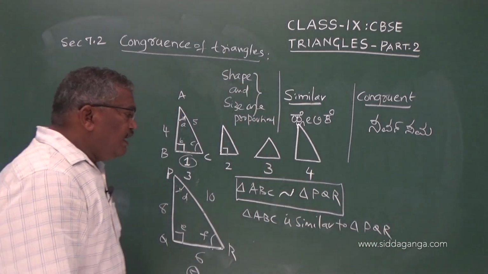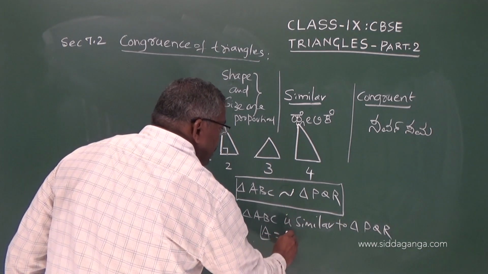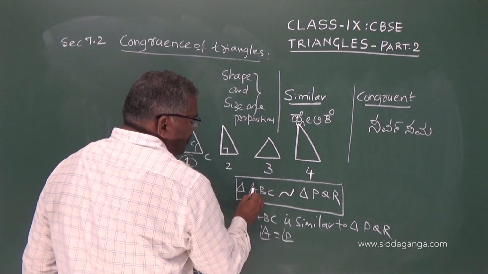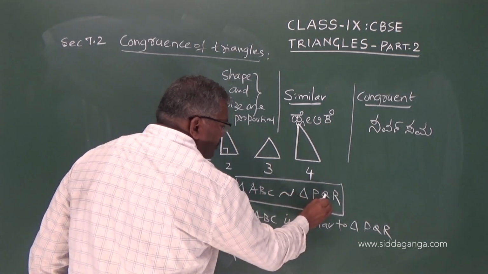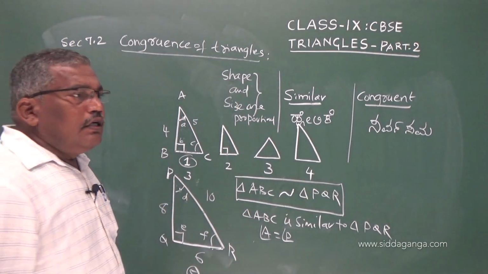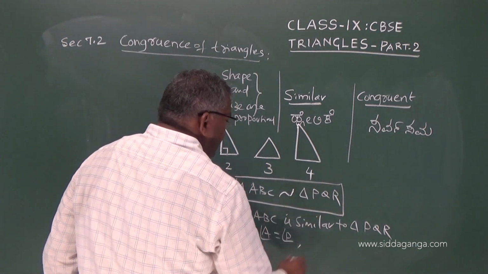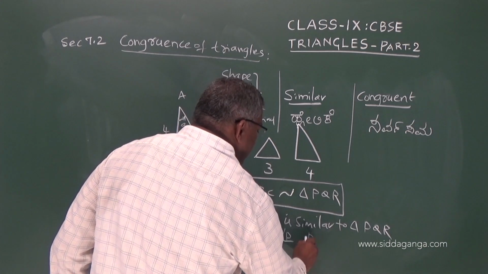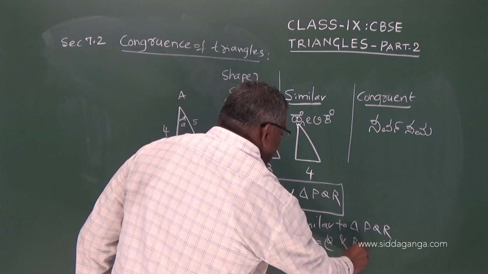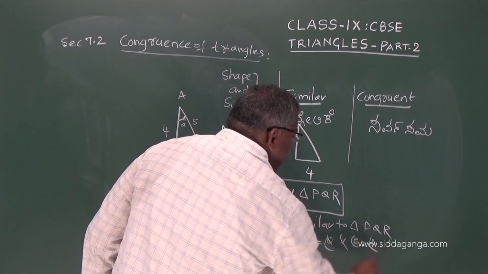So if I write like this, it is understood that angle A equals angle P. Remember the corresponding angles: first letter, second letter, third letter, that is known as the corresponding approach. So angle A will be equal to angle P, angle B will be equal to angle Q, and angle C will be equal to angle R.